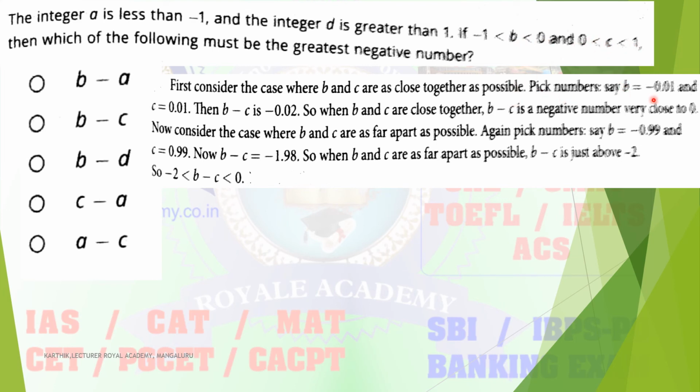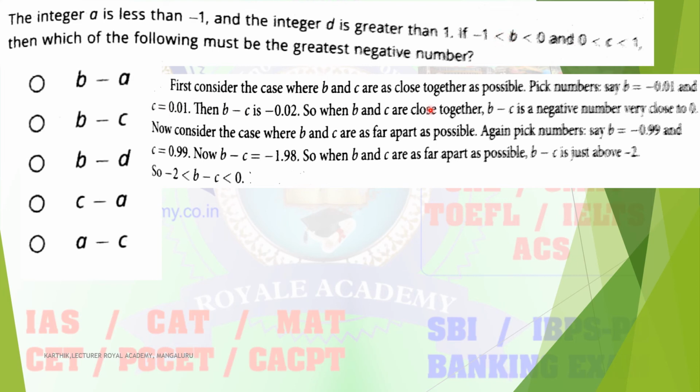Pick a number, say b is equal to -0.01. b should be between -1 and 0, right? So choose b equal to -0.01 and c between 0 and 1. Choose the smallest value, close to 0.